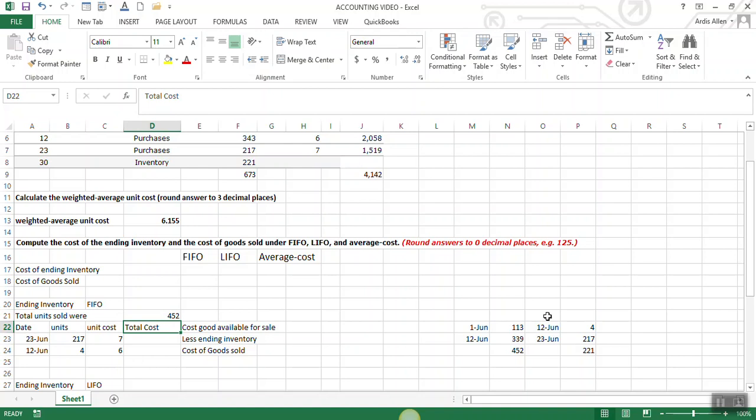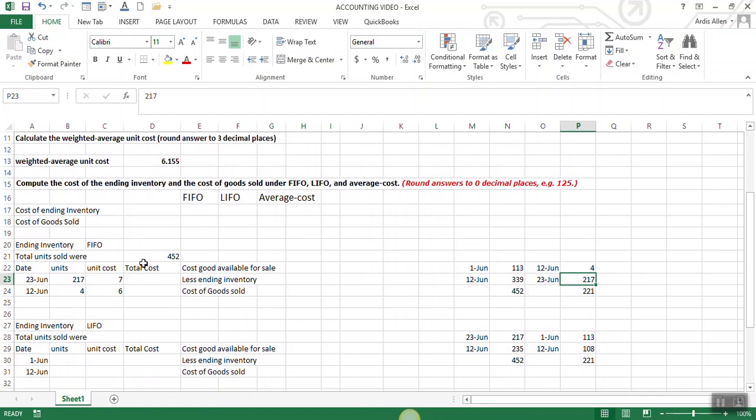So on June 1st we had 113, and on June 12th 339 of the 343 units that were available were sold, which gives us a total of 452 units sold. The remainder left in ending inventory is 4 units from the 12th of June and 217 units from the 23rd of June, which gives us ending inventory of 221 units.